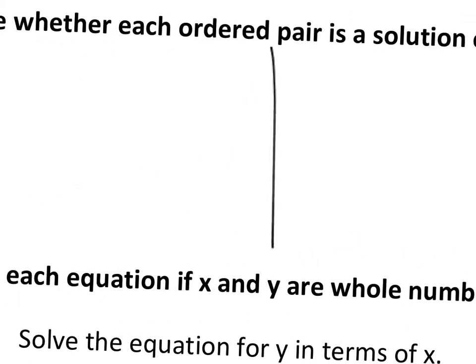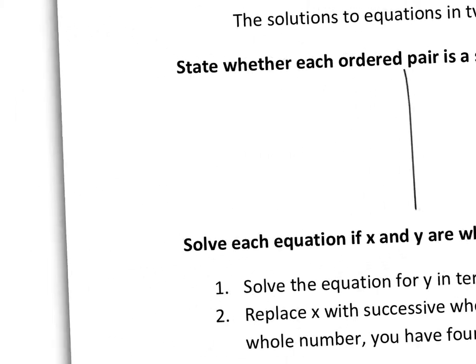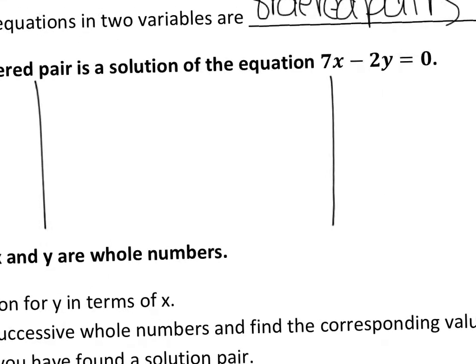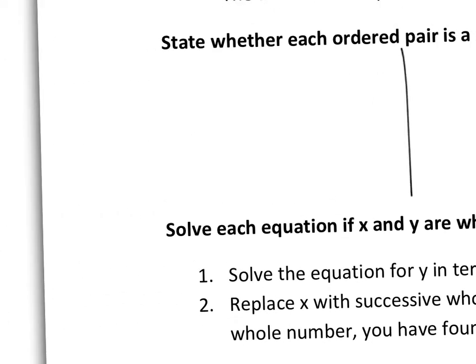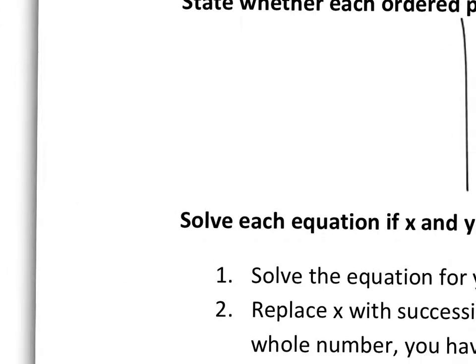Okay, so the first one. I have this equation: 7x minus 2y equals 0. I want to know, is 0, 0 a solution? In your bell work, we plugged 2 in for x, and we decided if it worked or not. This time, I just have 2 things I'm going to plug in.